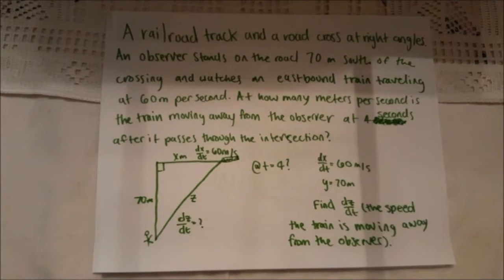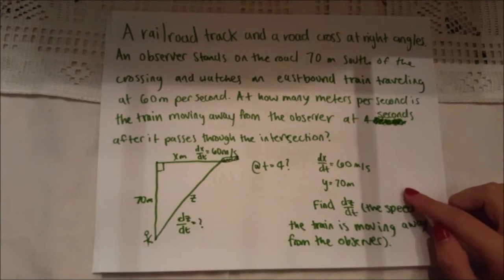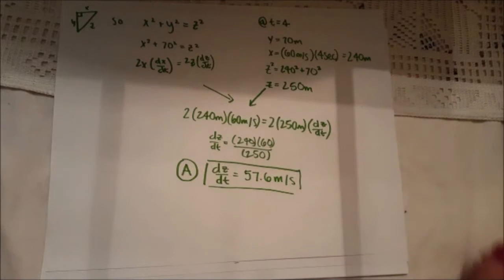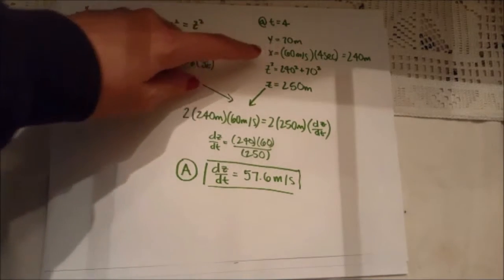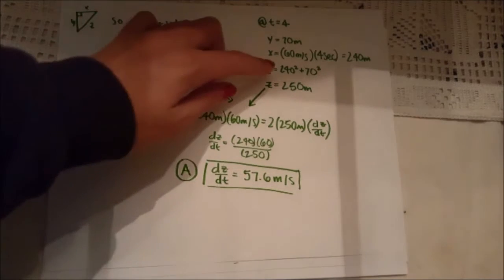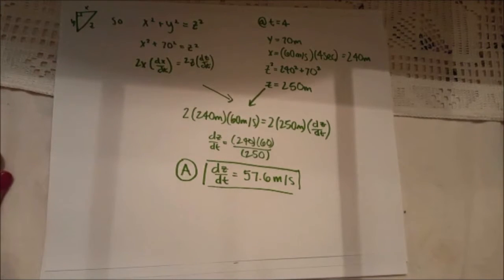And so what it's asking us to find is dz over dt, or the speed the train is moving away from the observer. Since we know that it's at 4 seconds, we already know that y equals 70 meters, and since the train is traveling at 60 meters per second, in 4 seconds it will go 240 meters. Then using the Pythagorean theorem, we get 250 meters for z.